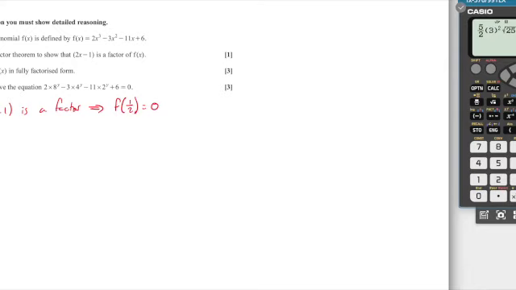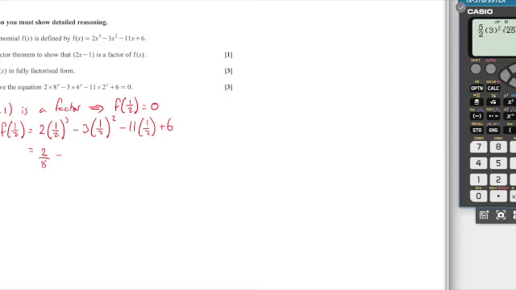So let's try that. So therefore, f of a half is 2 lots of a half cubed minus 3 lots of a half squared minus 11 lots of a half plus 6, which is 2 over 8 minus 3 over 4 minus 11 over 2 plus 6.